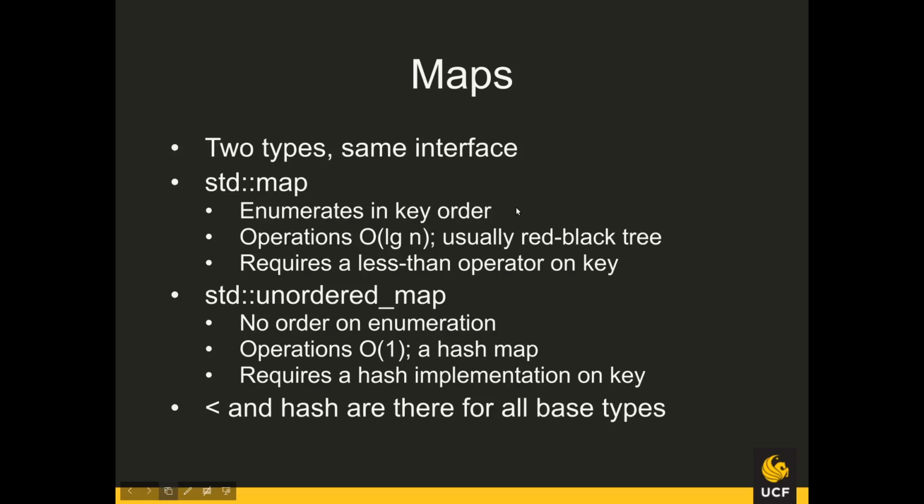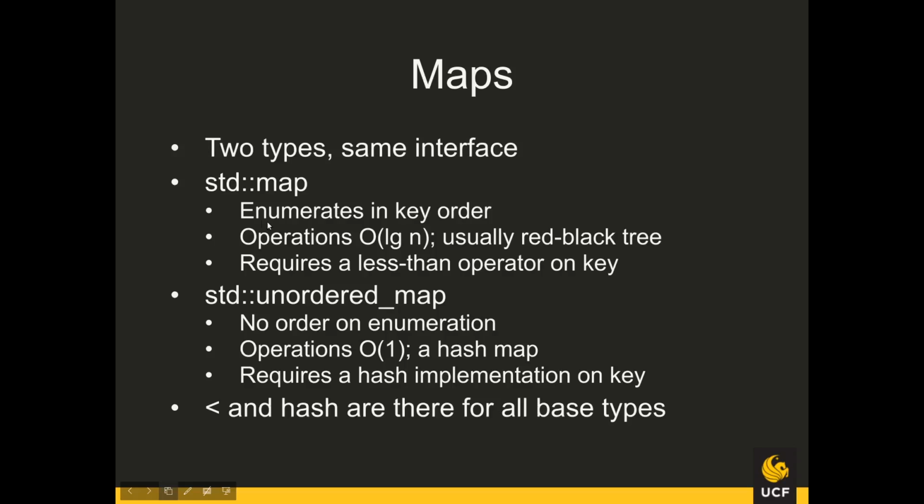Typically, if you're using a map, the key is going to be some form of integer or a string. In contest problems, it's very rare that you say, hey, I want to do a standard map and I want to put my struct in there as a key. But if you do that, you're going to have to do the same thing we're going to talk about in sorting later, and define a less than operator on your struct so that map knows how to sort them into the binary tree.